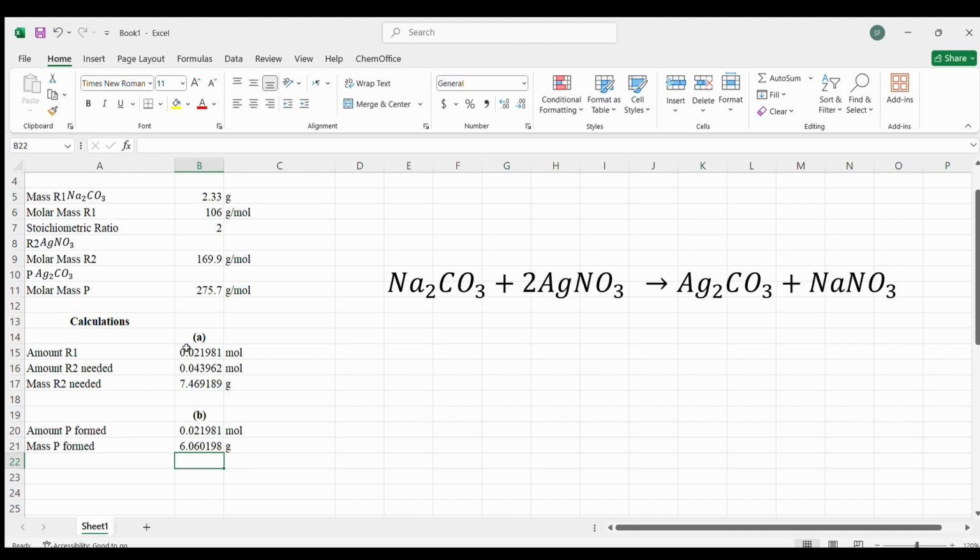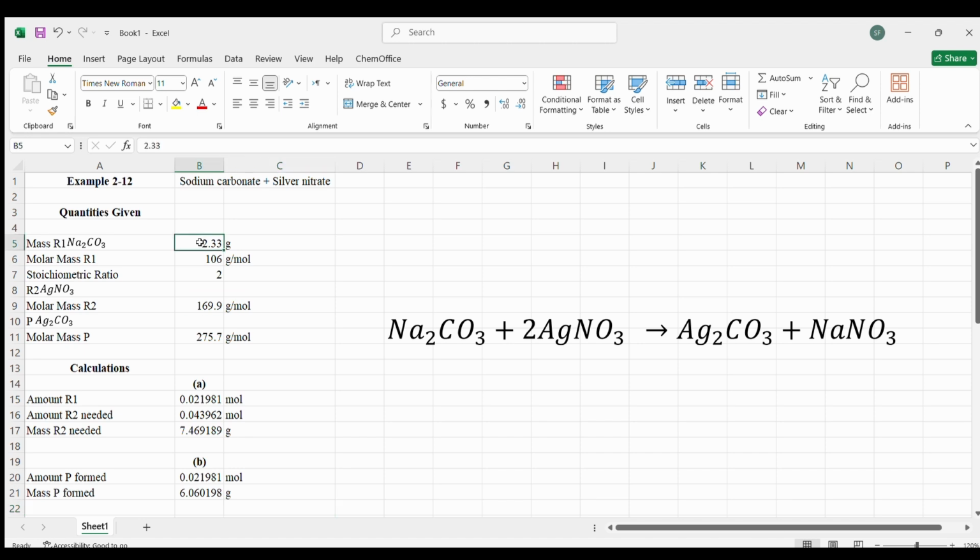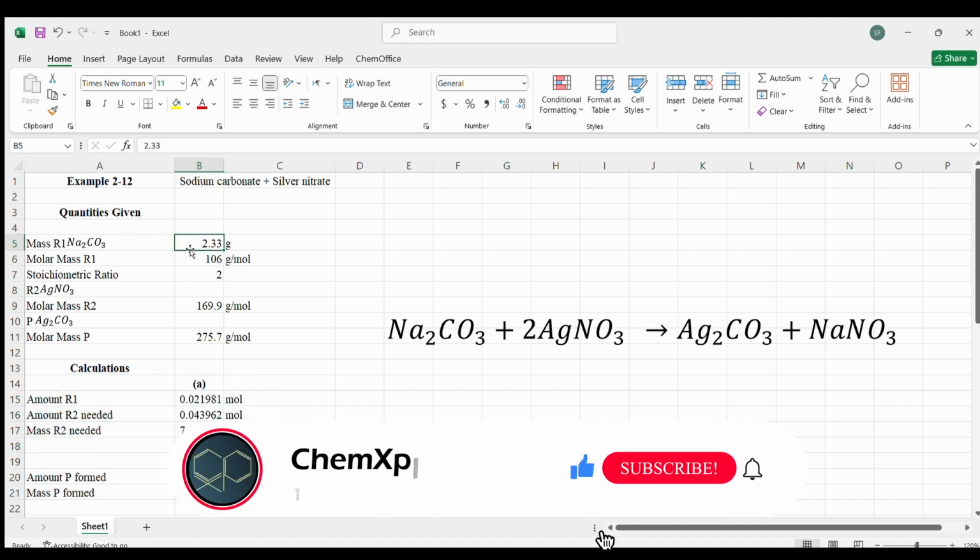So as you can see, the numbers in these parts are automatically calculated. To show that this process happens automatically, we can change the initial input mass of the first reactant. So we can see that the outputs, the amounts or masses that we are looking for, will also change.